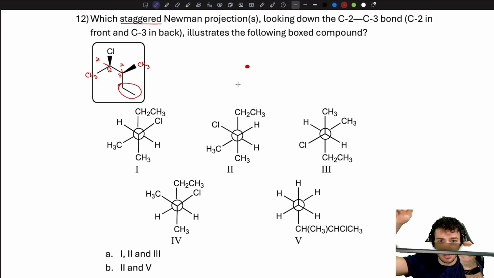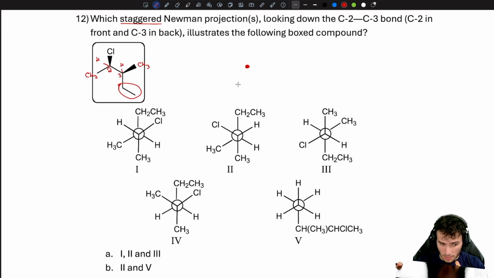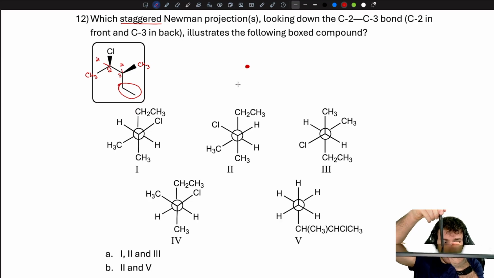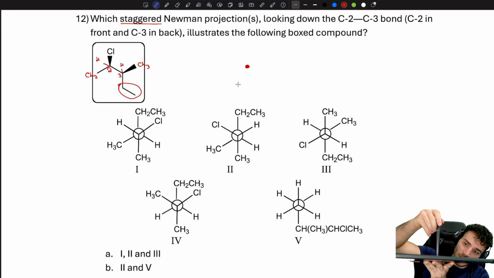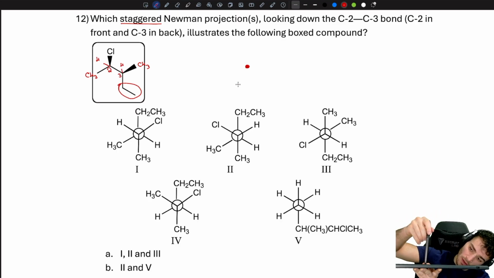So if you were to look at the bond line structure, you're actually kind of looking at it from above, like this, right? But if we have this stereochemical wedge, this is actually telling us that it's looking up from our paper. So if we're going to start looking from our C2 to C3, we're going to twist our head to our left side, and that makes our wedge appear on our right.